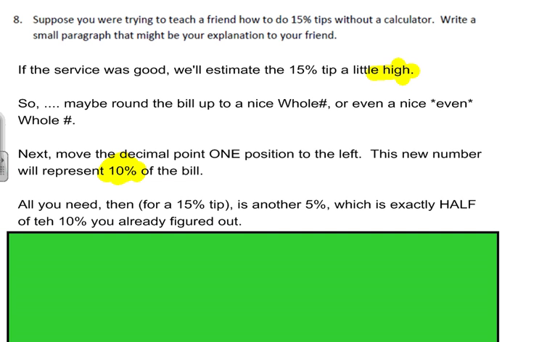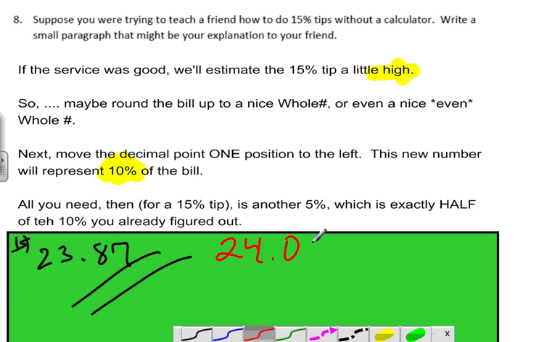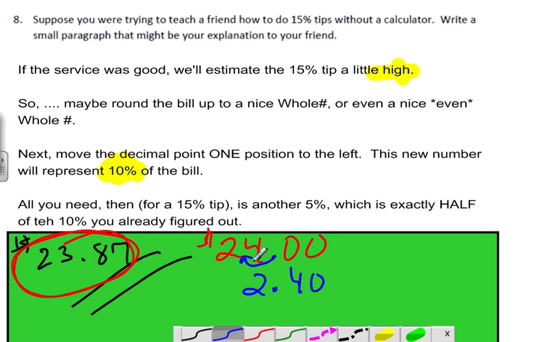So here's an example. Suppose the bill is $23.87, and you want a 15% tip. So maybe round that to about $24. That's pretty easy to do in your head. $23.87 is about 24. So the 10% is $2.40, by just moving this one place to the left.